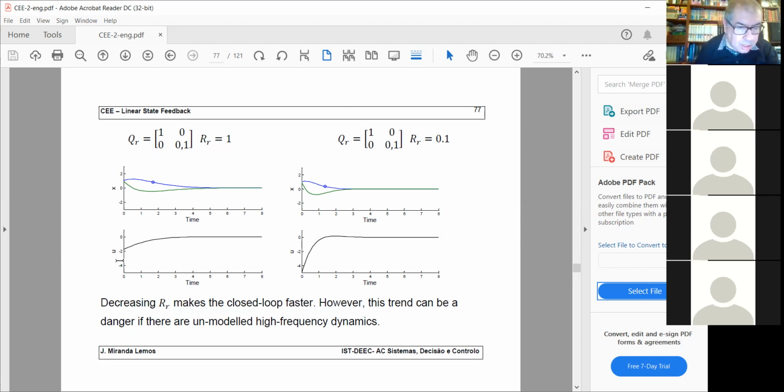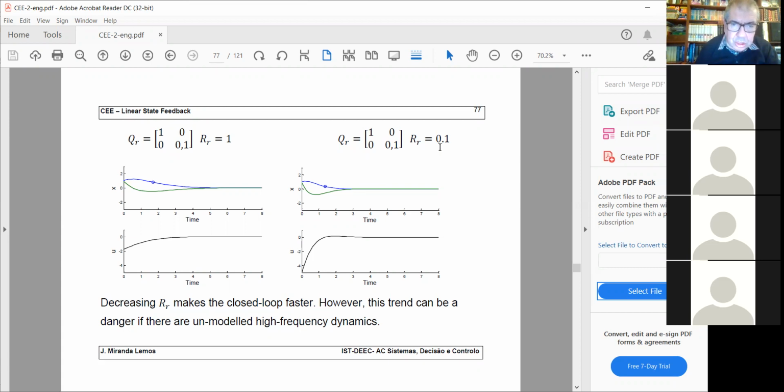And look at the beginning. When I have an R matrix, in this case a scalar of 1, the biggest value in amplitude, so in absolute value, is in the beginning, so minus 1.9 or something like that.